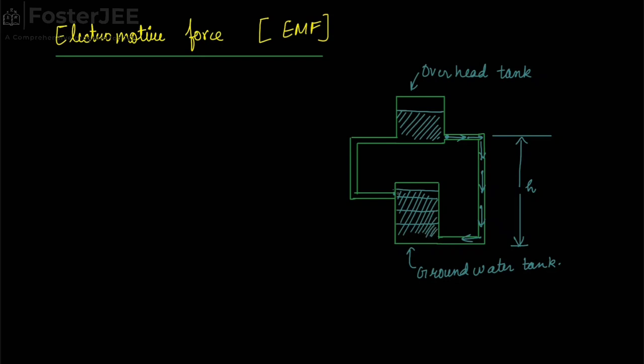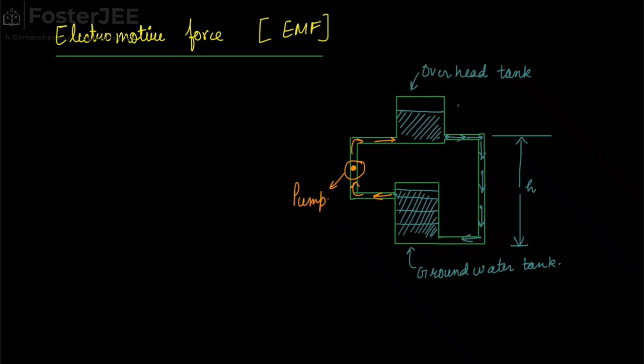Now can we say that this water will travel from this point to this point, like this, and will transfer to the overhead tank? No. For doing this, we have to provide a pump. This is pump, so that this water can travel from lower part to the upper part.